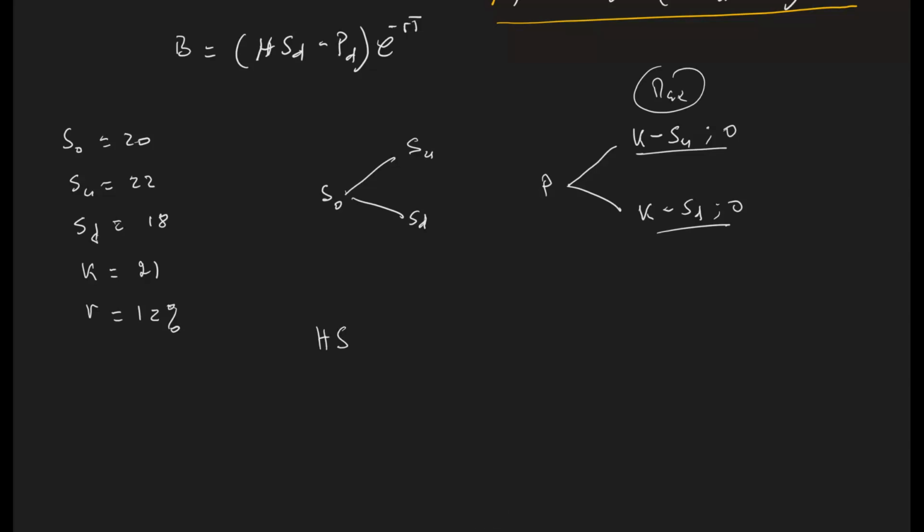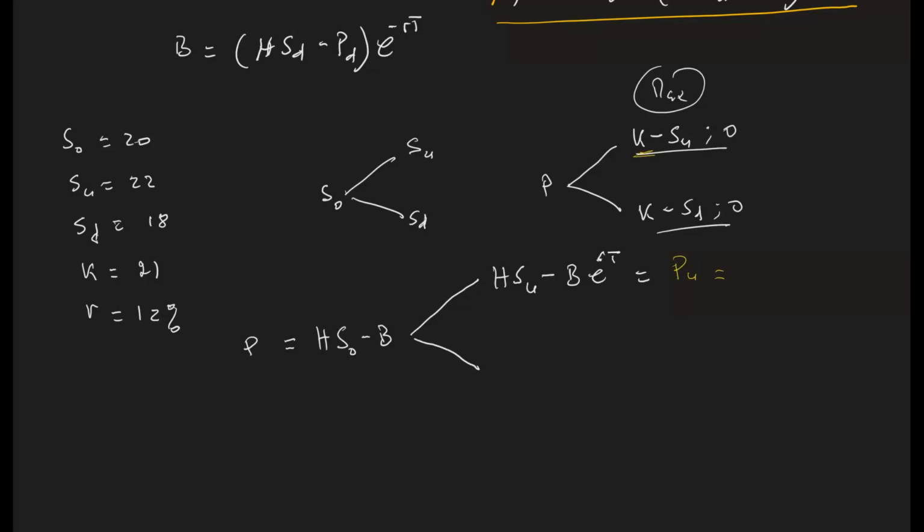H stock 0 minus bond, which is equal to the put option price, is going to have the following outcome. It's going to have H stock up minus the value of the bond, future value. That's going to be equal to our put up. Now, what is the put up?